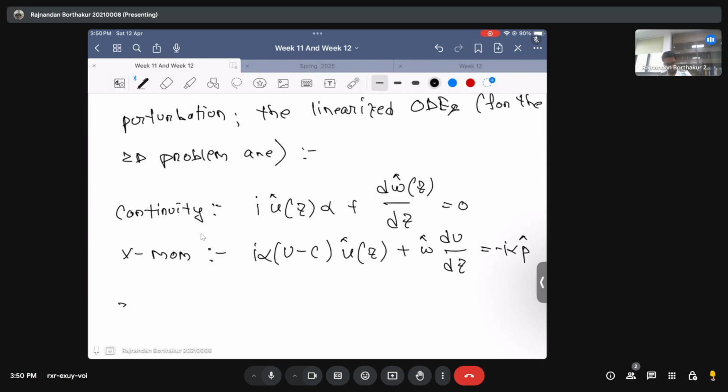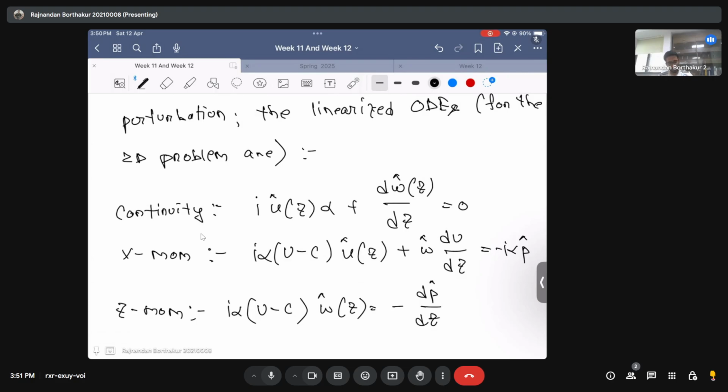And the z momentum is I alpha (u minus c) w hat of z, equal to minus dp hat by dz. This is exactly the same equation that we wrote for the 3D perturbations.